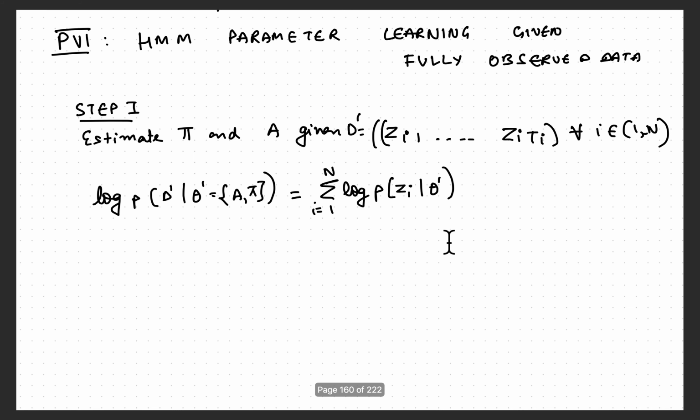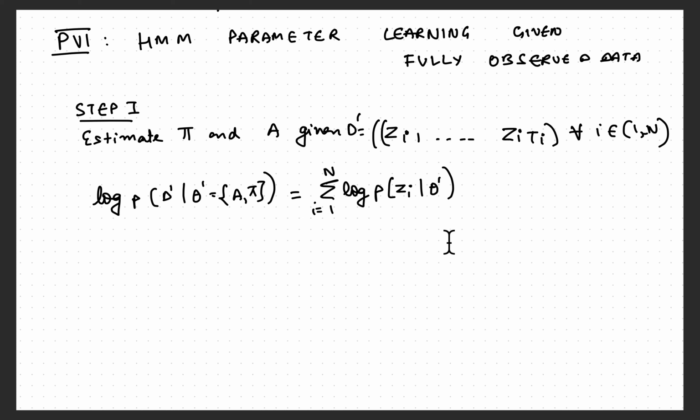We want to estimate pi and a given this data, right? In this data, I'm not talking about the observed data for now. I'm only talking about pi and a, because these are the two parameters you could learn just using the observed state sequences.